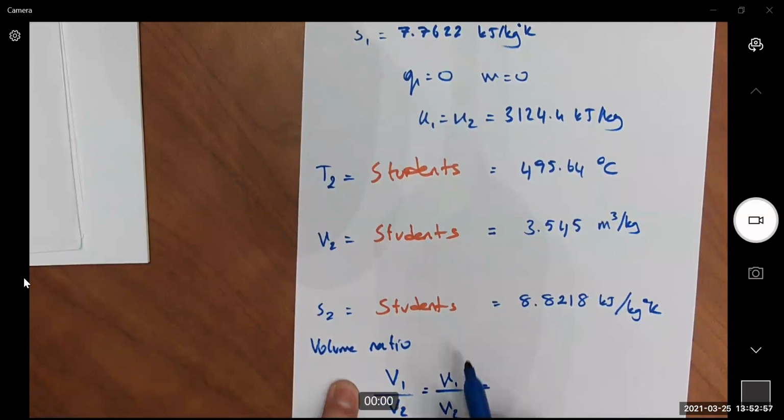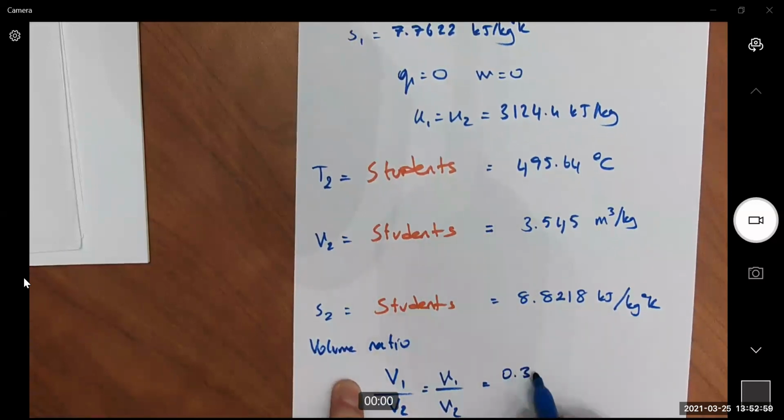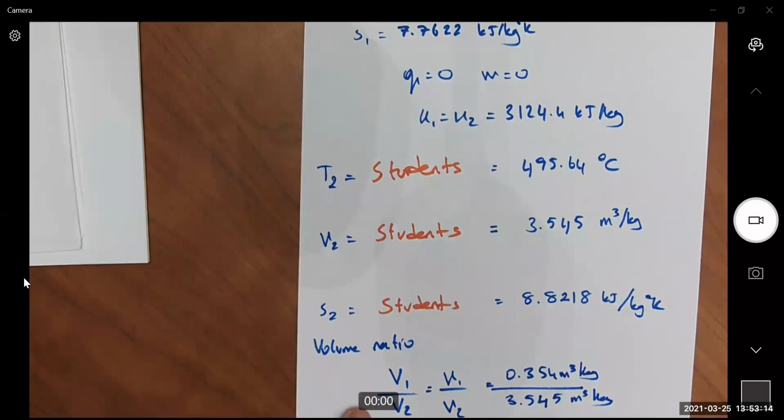Specific volume at state 1 is 0.354 meters cubed per kilogram, and at state 2, 3.54 meters cubed per kilogram. V1 over V2 will be 0.0999.